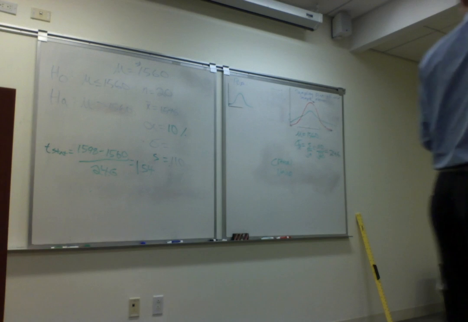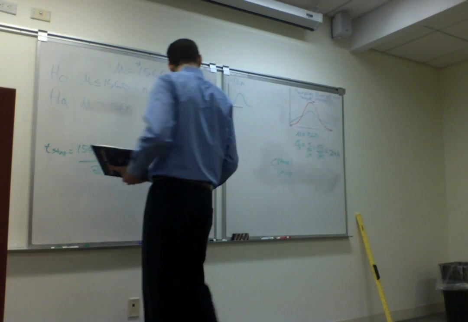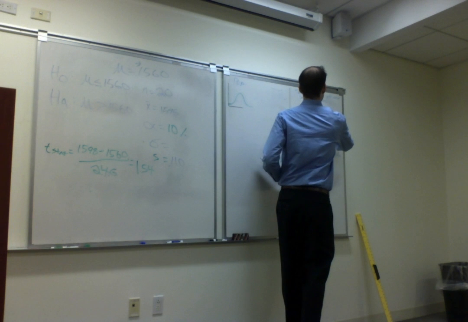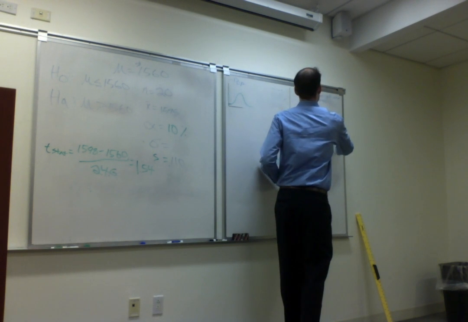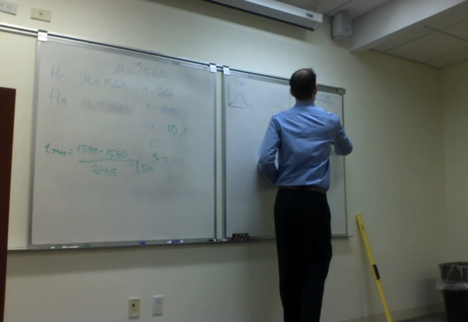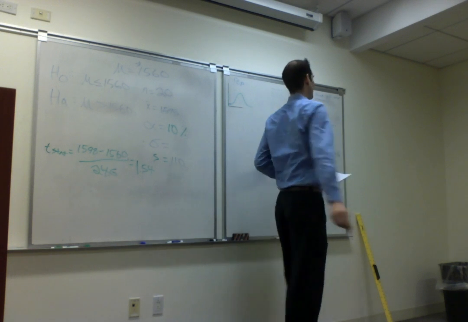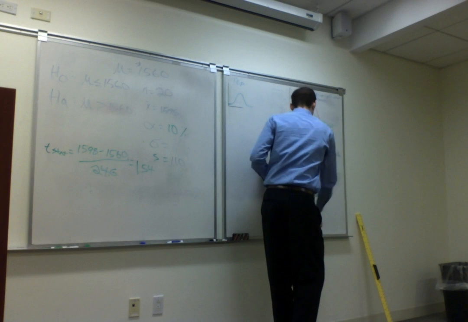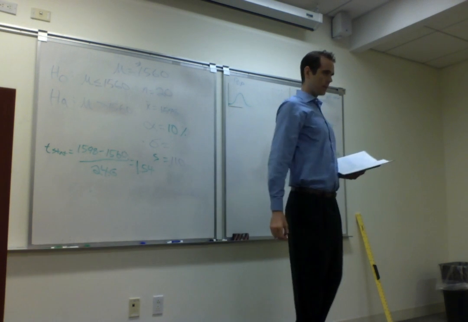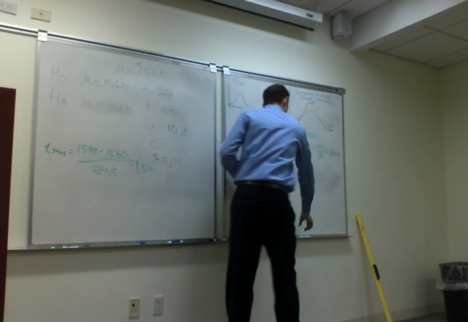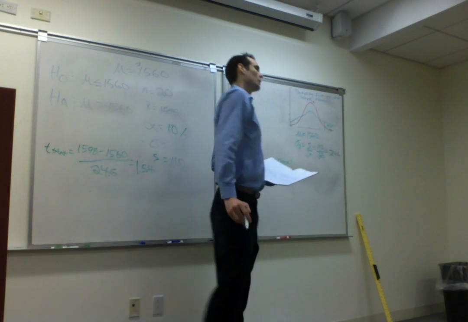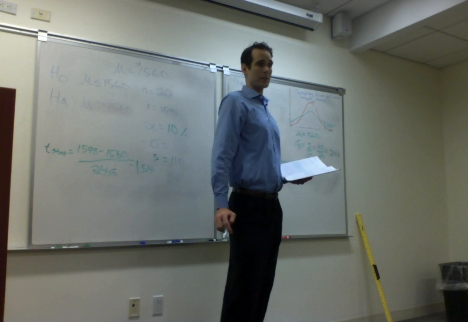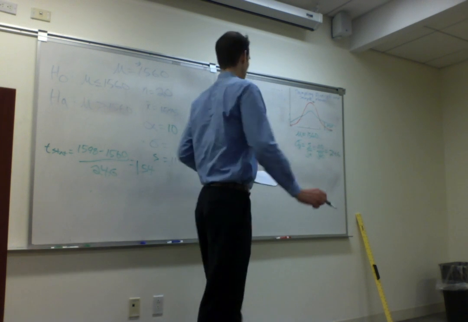What we're looking for is the T-stat above which lies 10% of the data, below which lies 90% of the data. And remember, there's one thing we need to do with the T-stat before we begin, which is determine the degrees of freedom. 19.